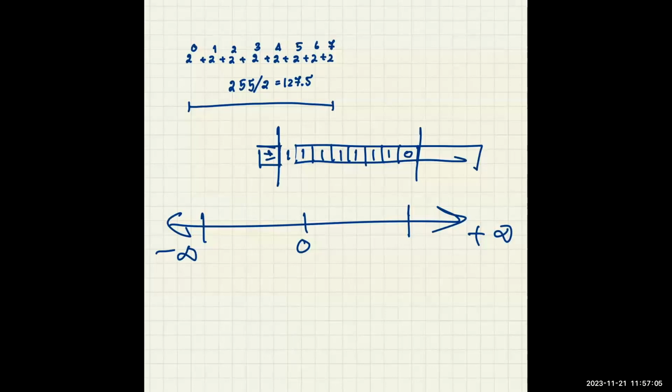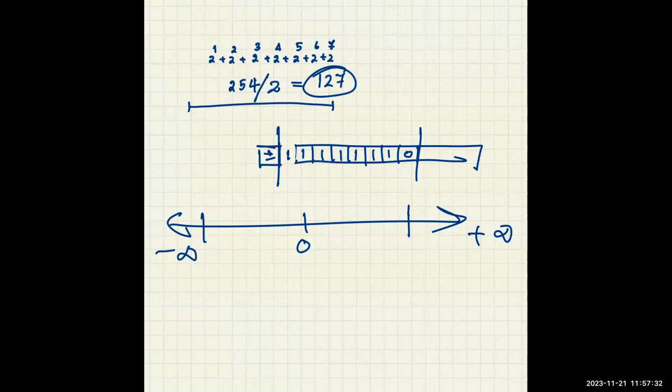Okay. So 1 less. So I'm going to subtract 1, which means this is going to be 0. So it's 254. And then 254, if I divide it by 2, I get the number 127.